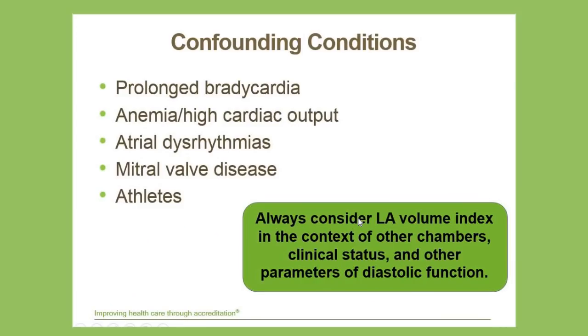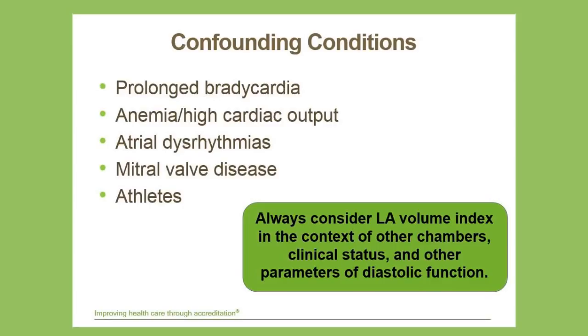You're welcome. So the problem with the LA, again, thin-walled, is that it can enlarge even in the absence of diastolic dysfunction because there are confounding conditions. So prolonged bradycardia, if you have anemia or a high cardiac output situation, if you have atrial dysrhythmias, you may see left atrial enlargement in the absence of diastolic dysfunction.